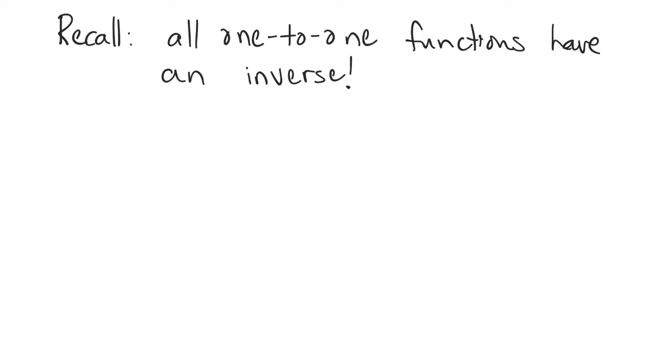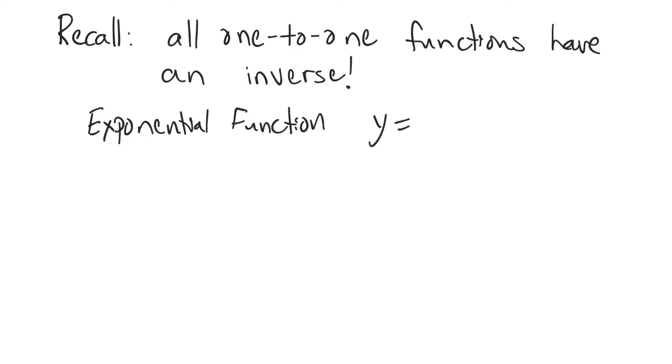We have a new function, well, not really new, but our exponential function is defined by y equals a raised to the x. The inverse of this function would be x equals a to the y. So we're not even solving it for y at this point.